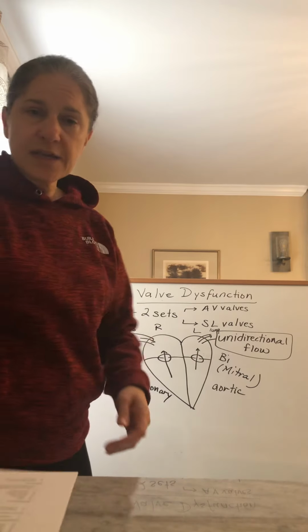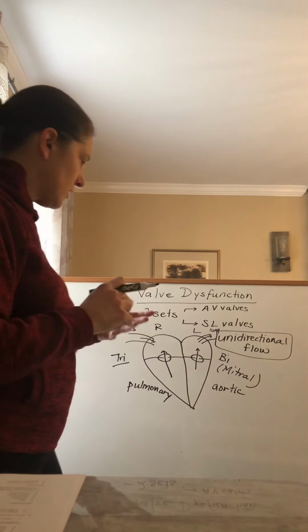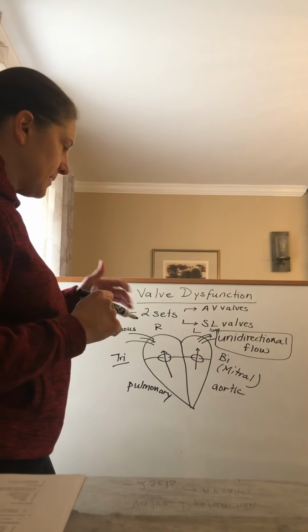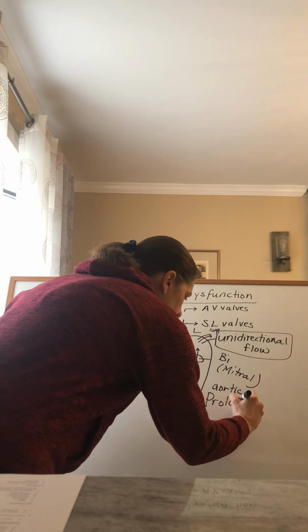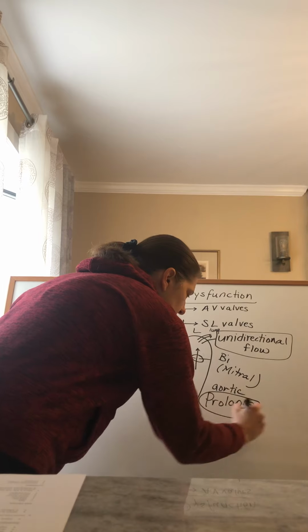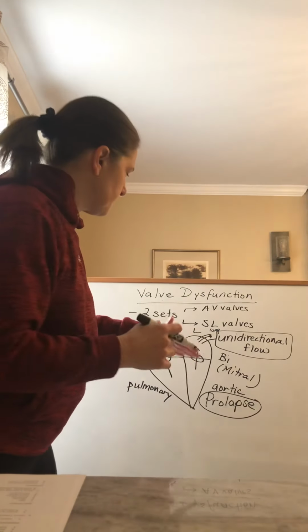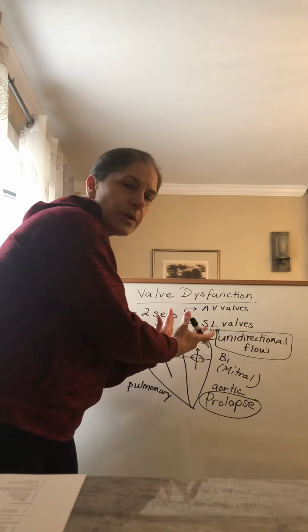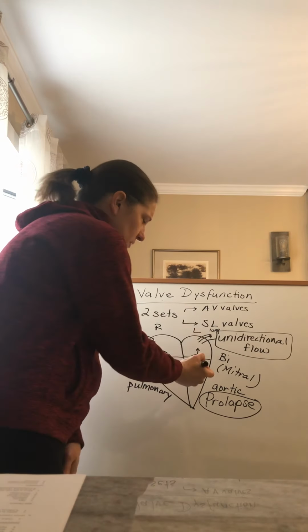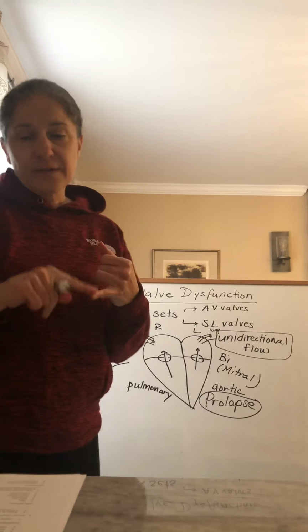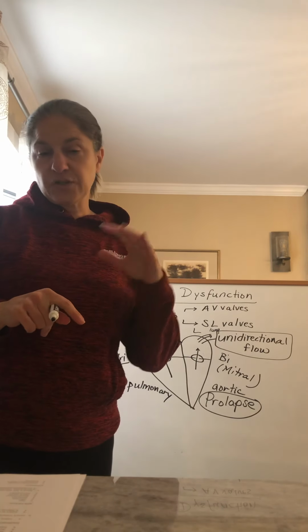One of the issues that can cause that regurgitation is something called mitral valve prolapse. When someone has mitral valve prolapse, the cusps of the valve billow upward, and so they're not closing completely. So again, you'd have blood backing up into the left atrium and then potentially back into the lungs.